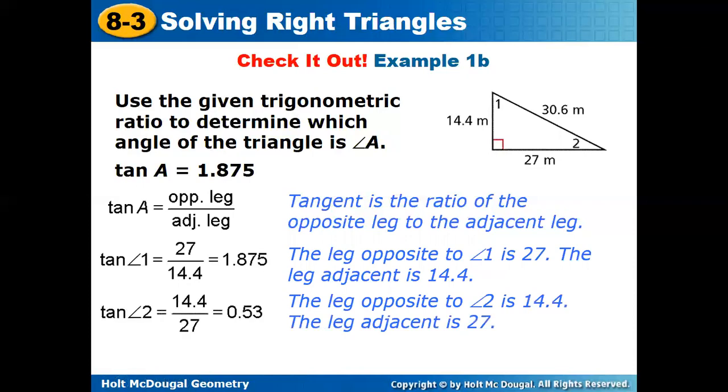And we know that for angle number 2, its tangent is the opposite, 14.4, over 27, the adjacent, which is 0.53. So since tangent of angle A is equal to tangent of angle 1, angle 1 is angle A.